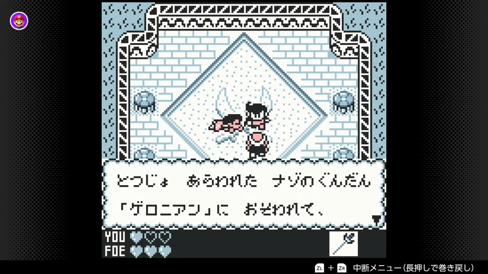Then we have arawareta. This we have definitely seen before. Don't think in this series, but in general. Arawareru is a verb, strictly Japanese reading, accented, which means to appear, come in sight, come out. But yeah, the fundamental meaning is to appear.